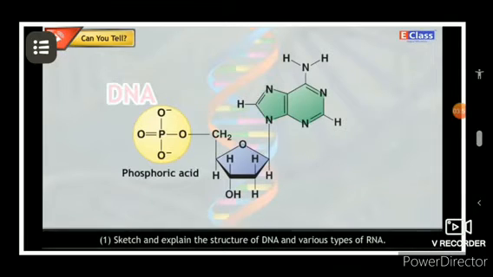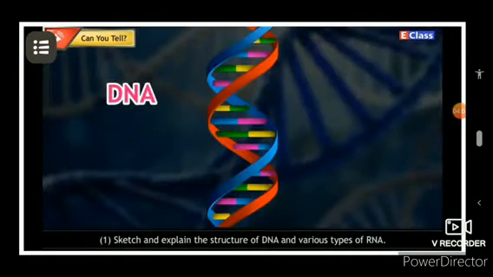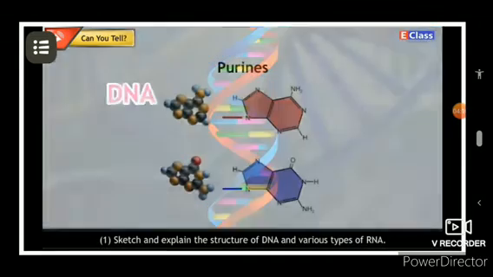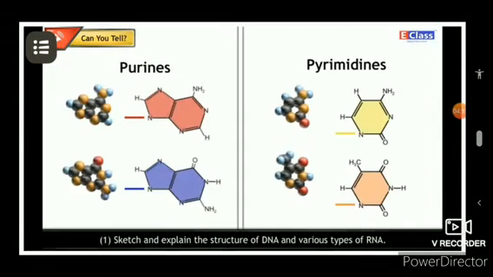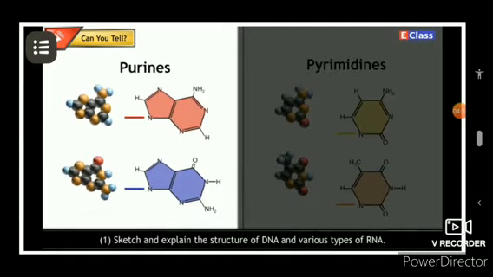In this structure, there are different parts. One is phosphoric acid, the second one is deoxyribose sugar. They are made by purines and pyrimidines.